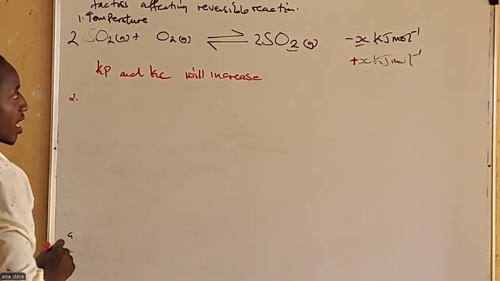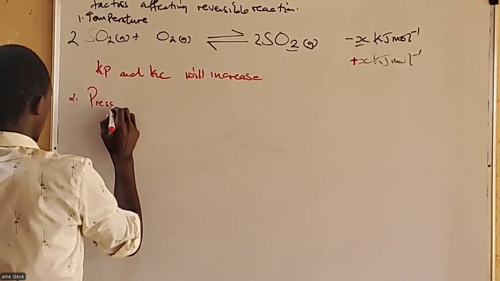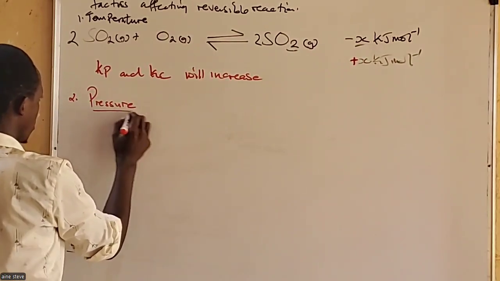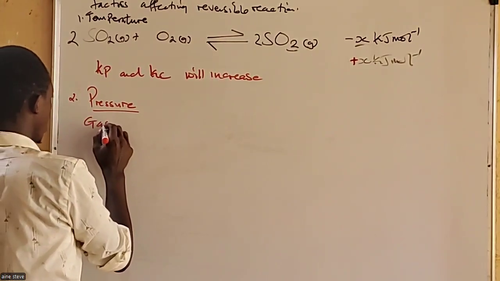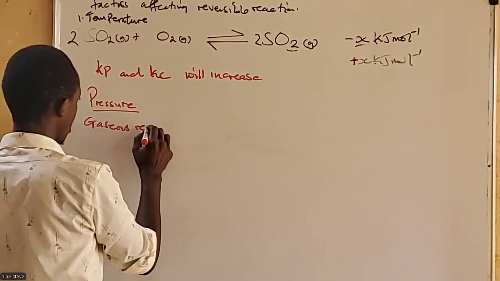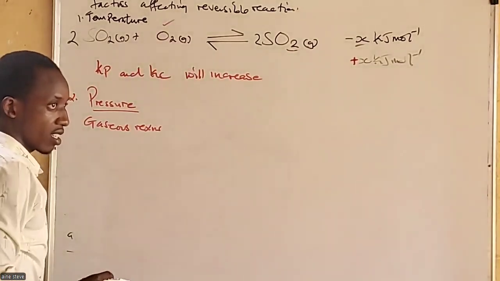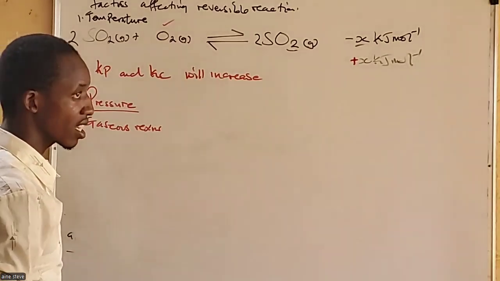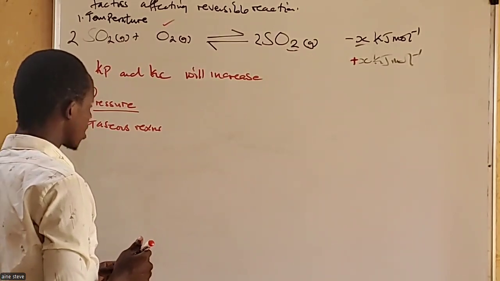Two, when you are looking at what we call pressure, it majorly affects gaseous reactions. For example, this one, a case in point, this is a gaseous reaction where the reactants and the products are both in gaseous state.